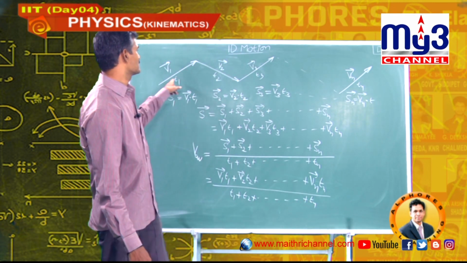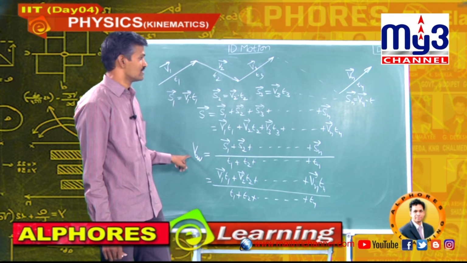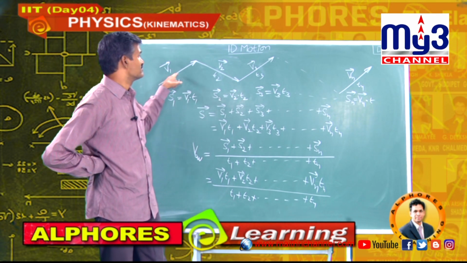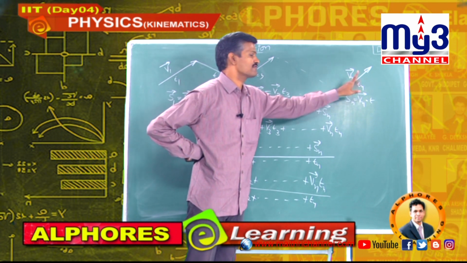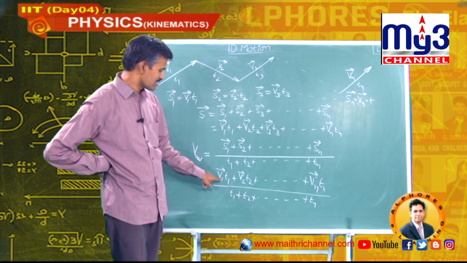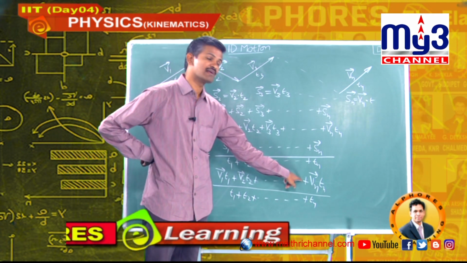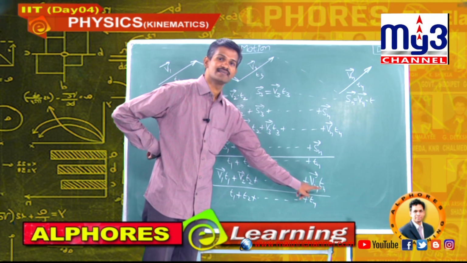This is one important case regarding average velocity. As the body travels with velocity V1 for T1 time, with velocity V2 for T2 time and so on, and velocity Vn for Tn time, in such case average velocity is given by V1 bar into T1 plus V2 bar into T2 and so on plus Vn bar into Tn by T1 plus T2 plus and so on plus Tn.